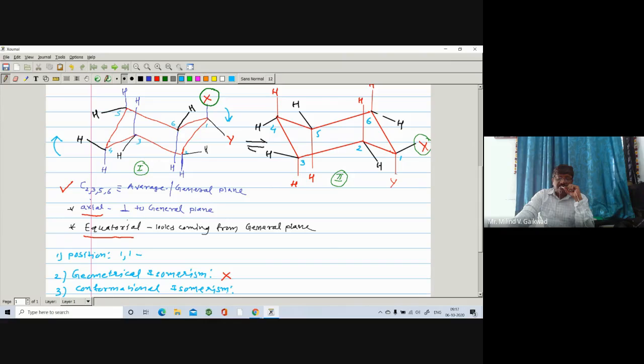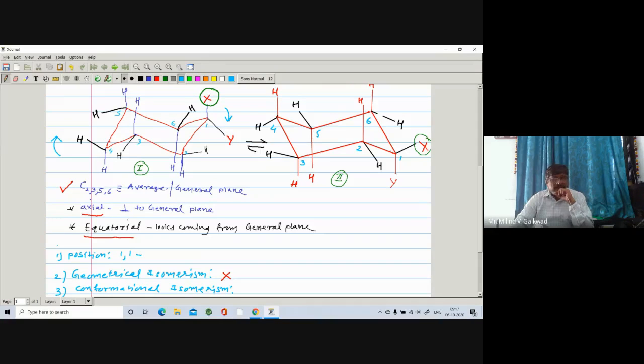They are called conformations, and the isomerism is called conformational isomerism. Now look here, at structure number 1 and structure number 2. Structure 1 can be converted into structure 2, and structure 2 can be converted into structure 1. Due to ring flipping, the conversion of 1 into 2 and 2 into 1 can take place. That's why they are called conformational isomers.